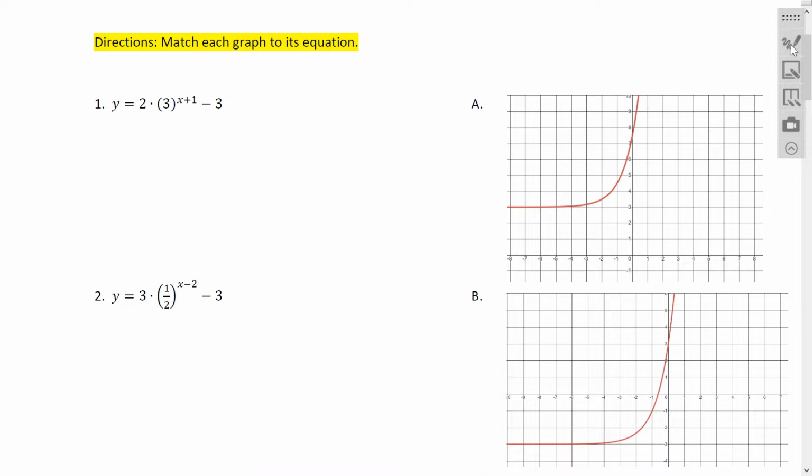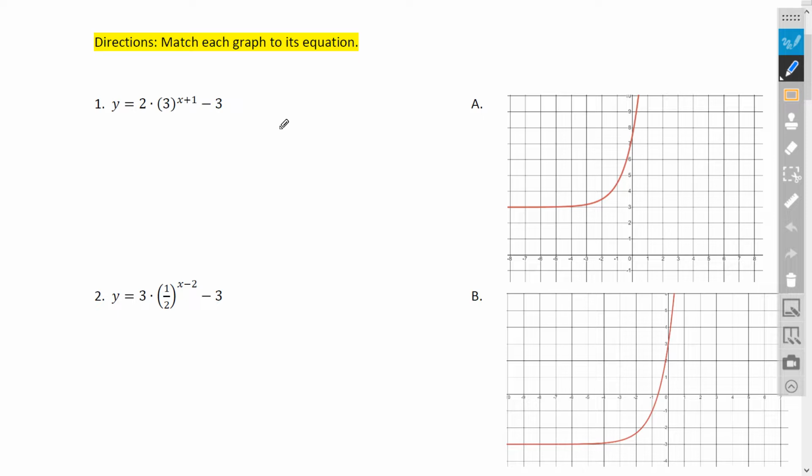So if you'll remember, you can compare these to their parent function, and we know what their parent function looks like. The parent function always goes through a particular y-intercept, and it always has an asymptote at 0 if it's growth, and if it's decay, same thing, it's just turned upside down.